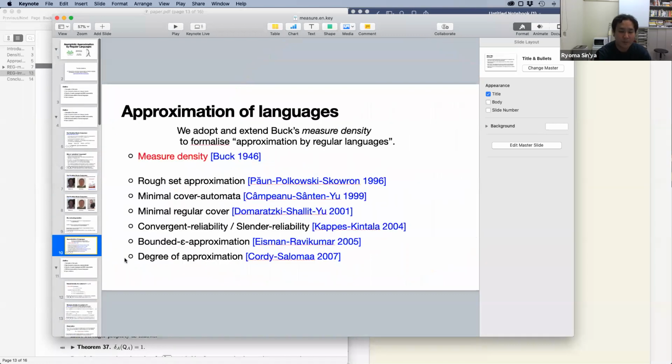Okay, so maybe the concept you stated is sometimes called degree of approximation.